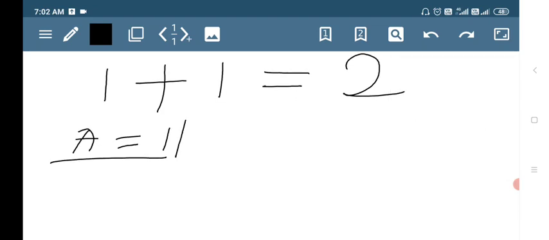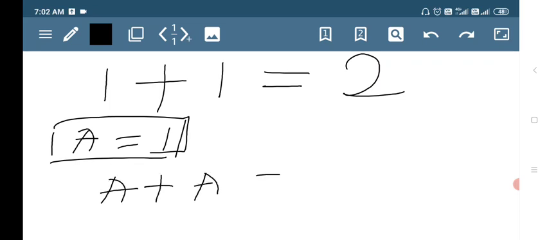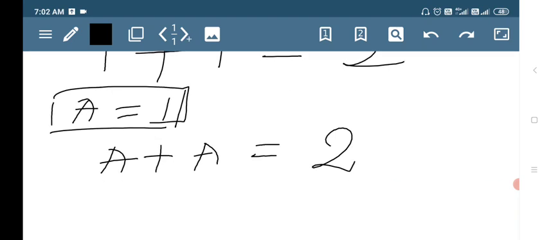If you know this, and if I write a plus a is equal to 2, what will you tell me the answer? If I ask you what is the value of a, how will you write this? Sir, the value of a is equal to 1. So it will be 1 plus 1 is equal to 2, isn't it?